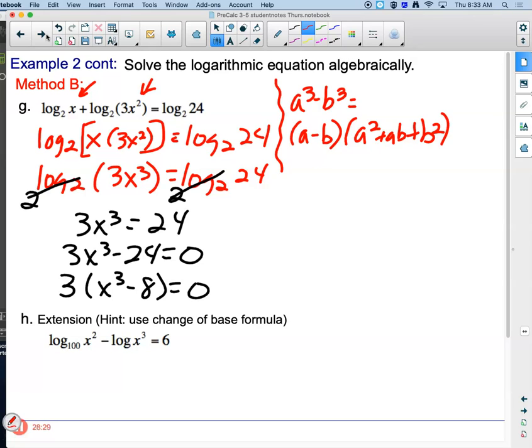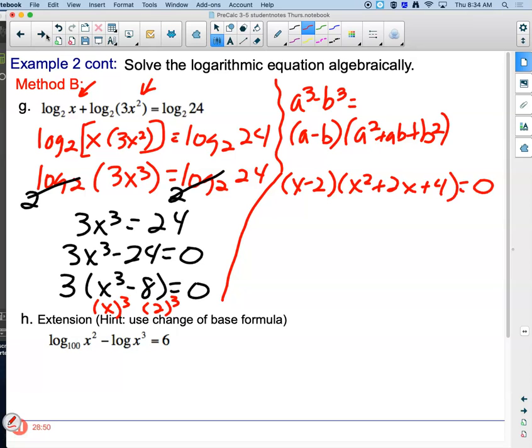All we have to do is figure out that this is x cubed, and this is 2 cubed, and substitute x and 2 into that formula, and then we can keep going and find our solutions. And we get one really nice one here right away.